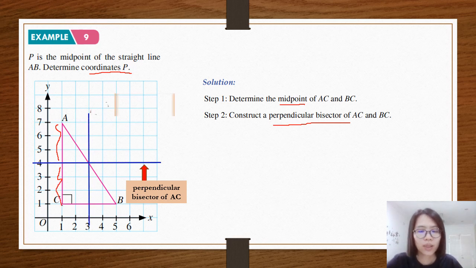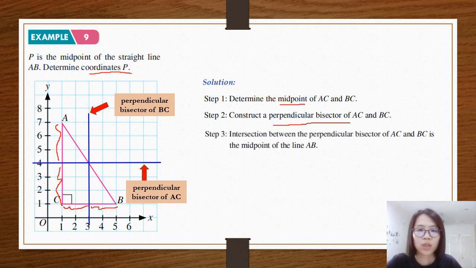The second blue line is the perpendicular bisector of BC, where this perpendicular bisector divides the line BC into 2 equal parts, where each part is 2 units.